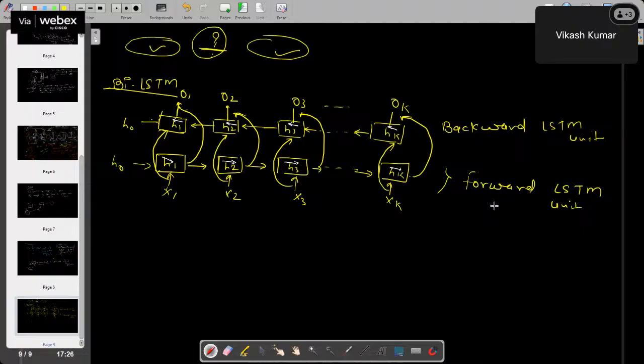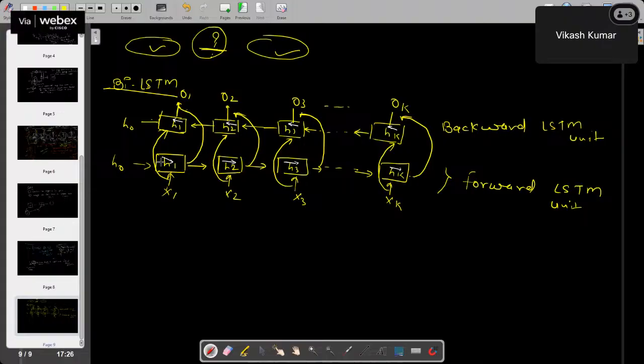Okay, so this is how it works. One unit, one unfolding will be in forward direction, and the other will start from the last. Means, if we talk in this context, the other will be starting at the end and will back propagate till the first time step. Okay, so this is a simple bi-LSTM architecture.